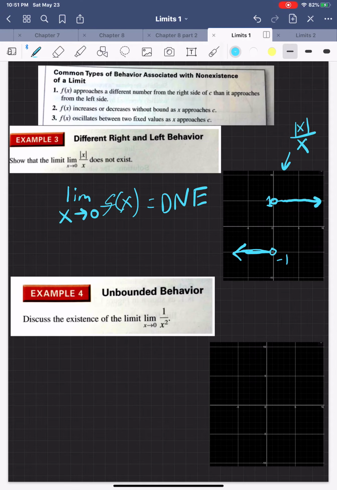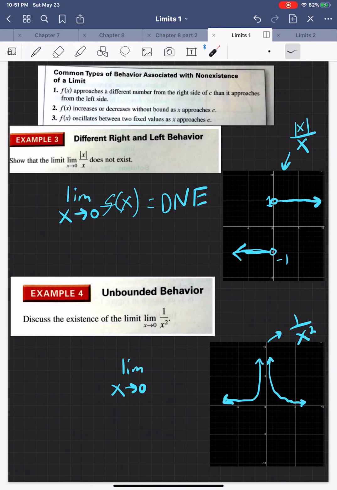If you were to look at the graph of 1 over x squared, I'll do my best here, it would look something like this. So this is the graph of 1 over x squared. And notice that this question says, what about the limit as x approaches 0?